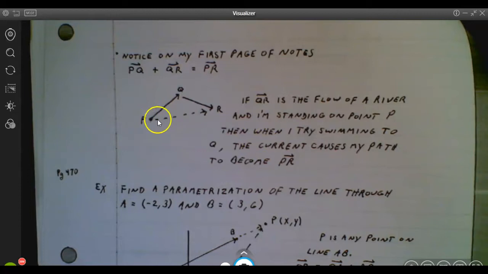So what I would actually have to do is swim this direction. So as the river pushes me this way, I go straight across to the point I'm actually aiming for, which is this guy, right? So this is like my swimming plus the current of the river is going to put me at this point on the other side.